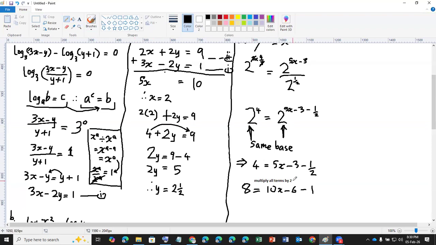Anytime you have a fraction in an equation like this, and you want to simplify it before you solve it, if you have only one denominator, like in this case 2, then multiply all the terms by that number.